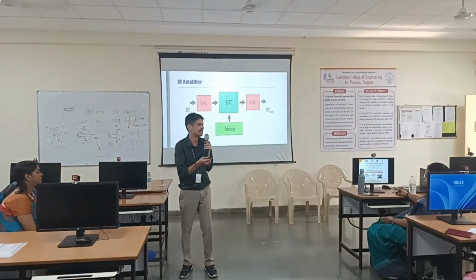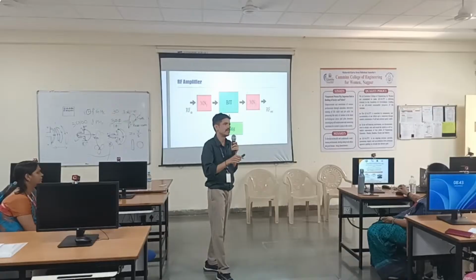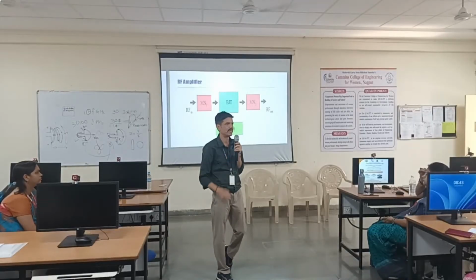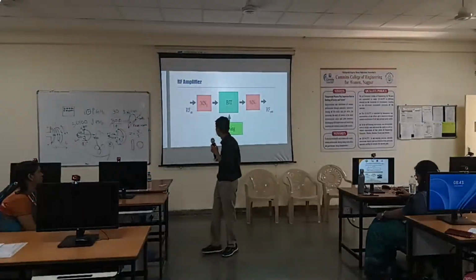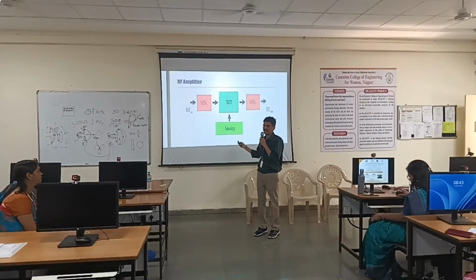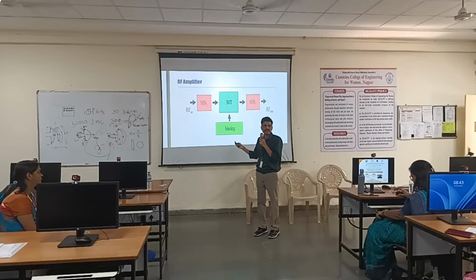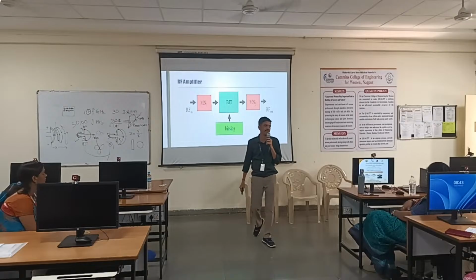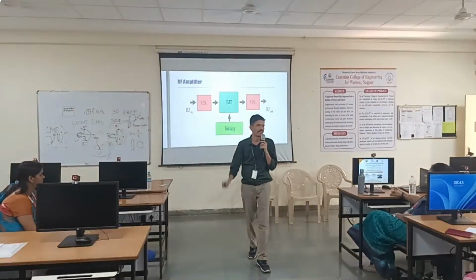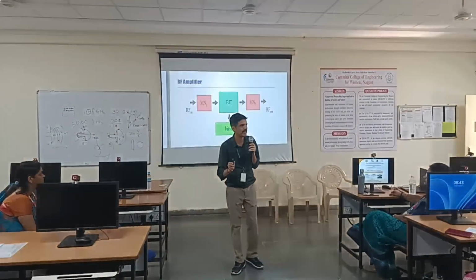But whose impedances will it match? And once you match the impedances, maximum power will be transferred. It will match the input impedance of the transistor with the RF input impedance. So what is the RF input impedance? It is 50 ohm. Everywhere we use 50 ohm as the RF impedance.